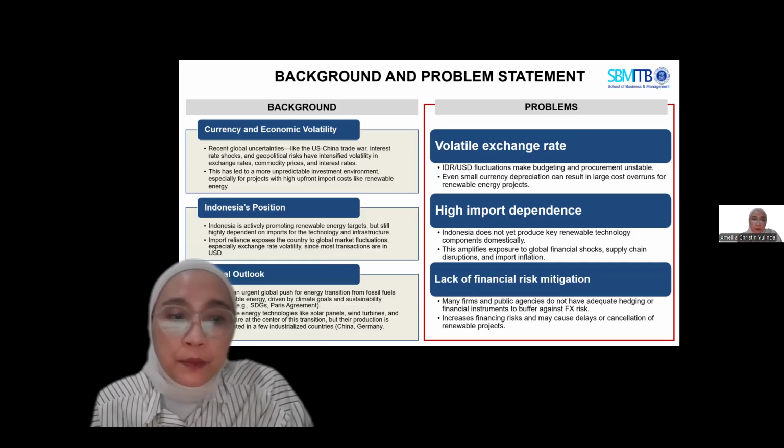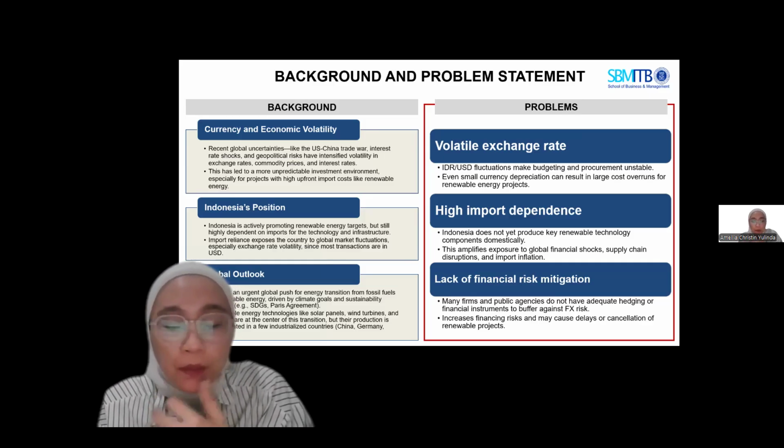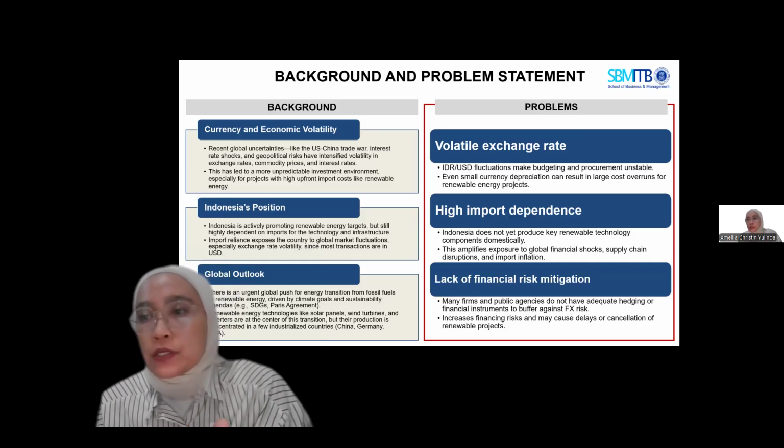Of course, the import reliance exposes the country to global market fluctuation, especially exchange rate volatility, because the common currency used for imported products is the international standard, the dollar.